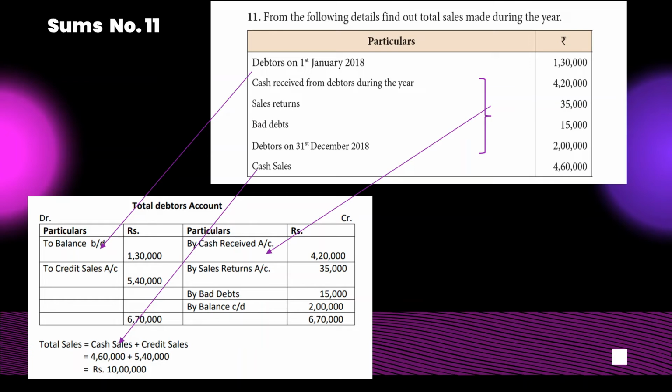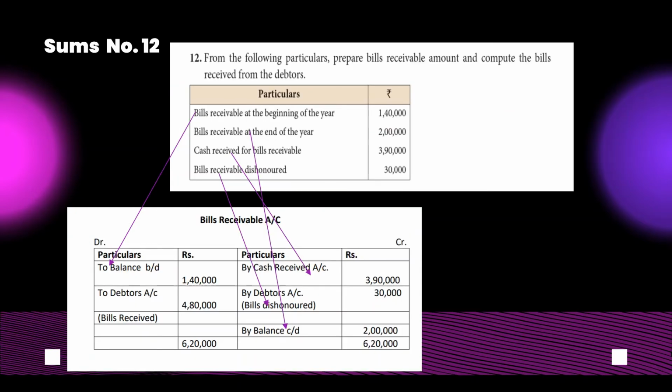So please remember children, you should not write cash sales anywhere in debtors account or in bills receivable. It will come after you find the credit sales, it should be added with the credit sales to find the total sales. Now we'll see the next sum.